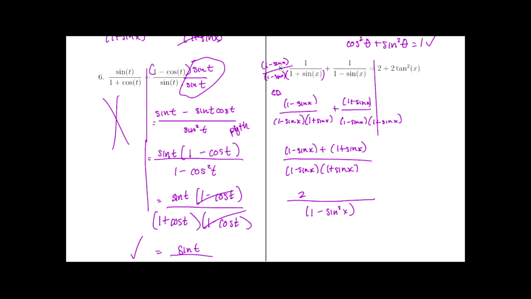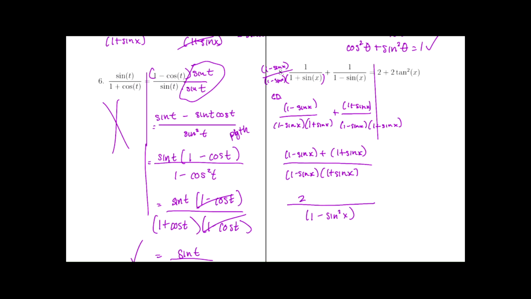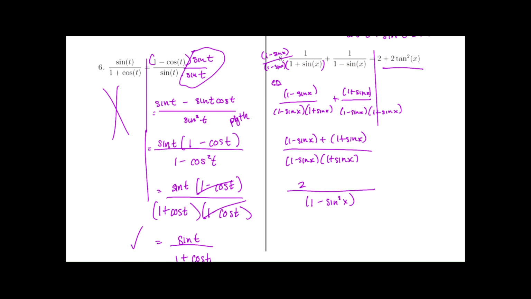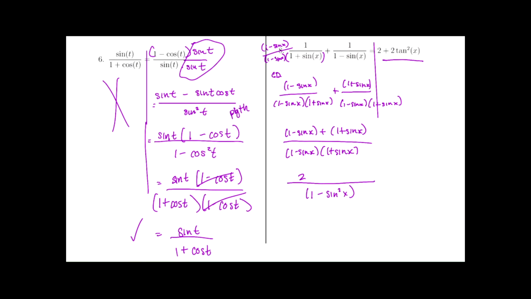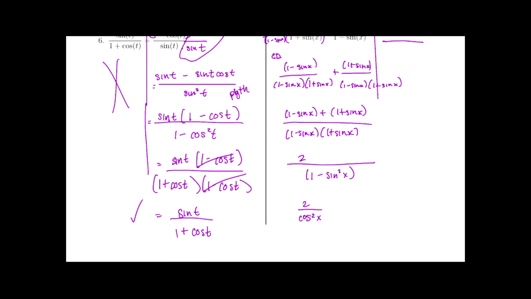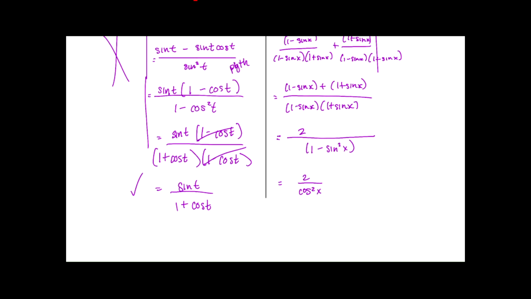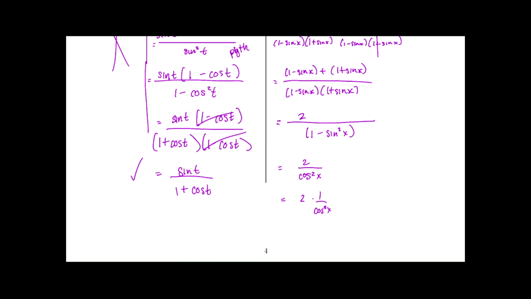Okay, well, I'm not super close to this, but at least a 2 has popped up, and that's good. So I know from the Pythagorean identity that 1 minus sine squared x is cosine squared. Okay, getting closer maybe. This is 2 times 1 over cosine squared, which is 2 times secant squared. And there it is.